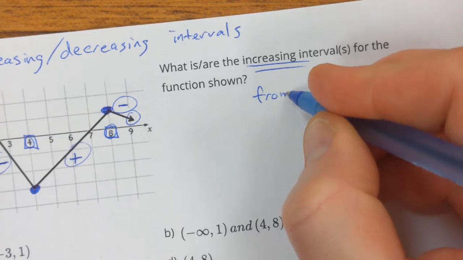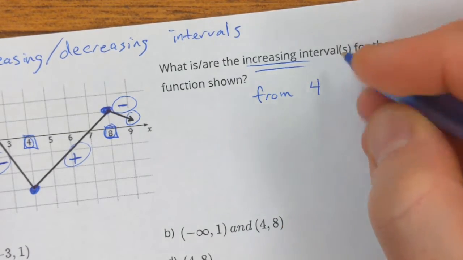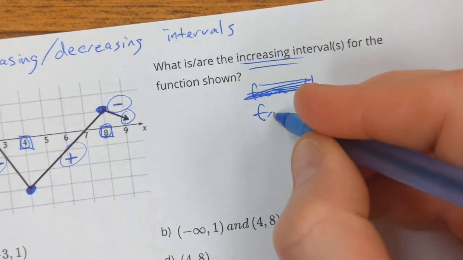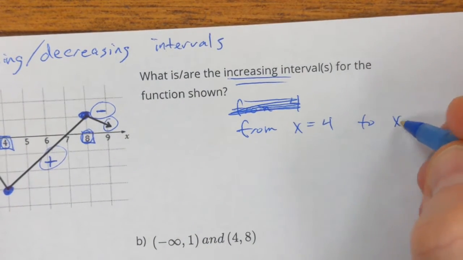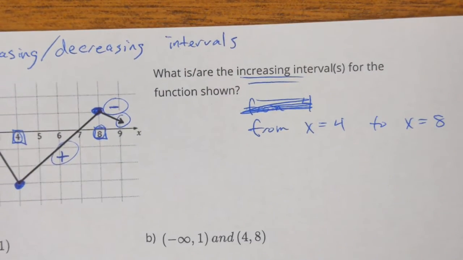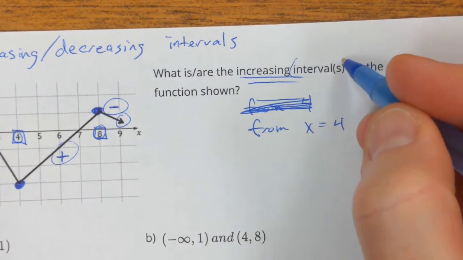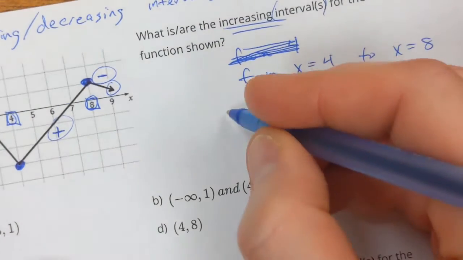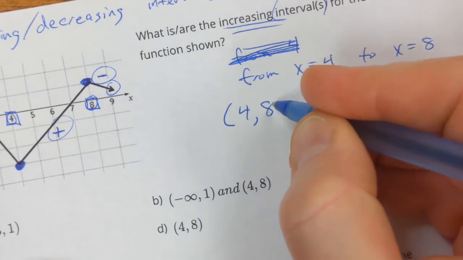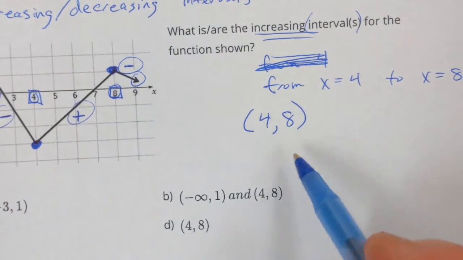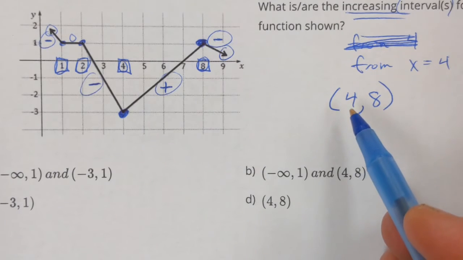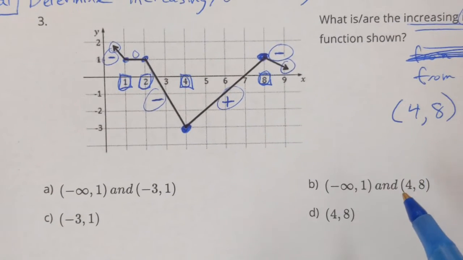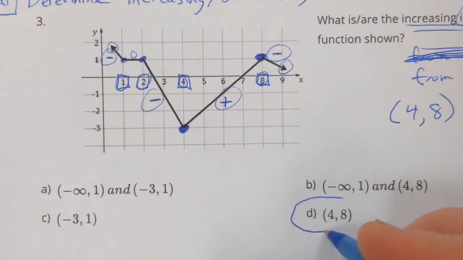So here it is in written language: from x equals 4 to x equals 8. Well, we have this notation called interval notation. That's a really easy way to write this. It kind of looks like an ordered pair, 4, 8, but in this context, it means all of your x values from 4 to 8. So look at your choices. The answer is D.